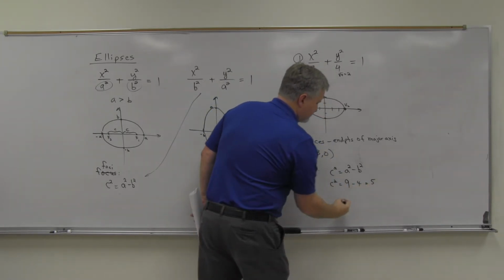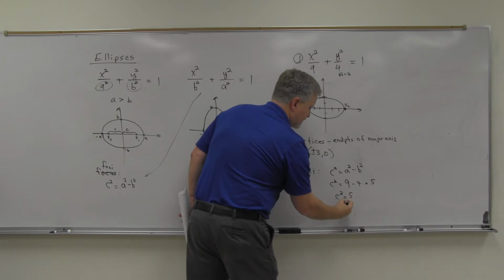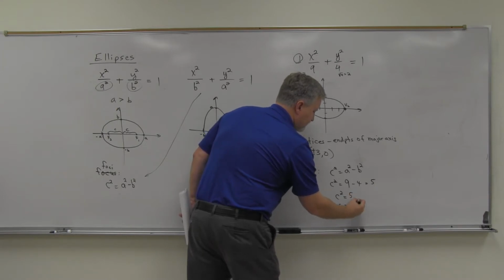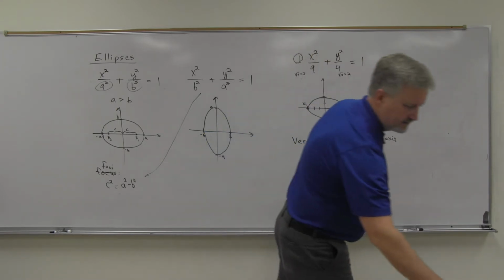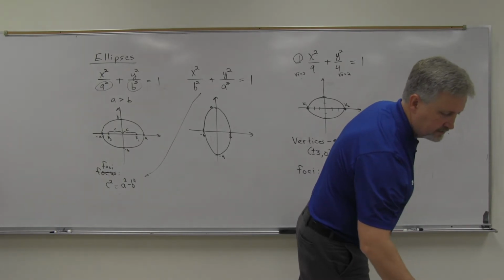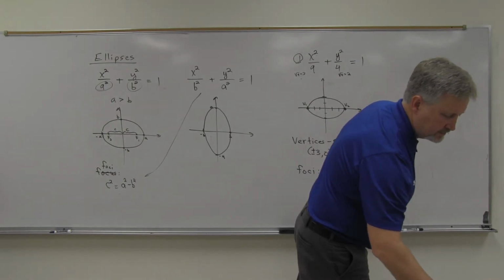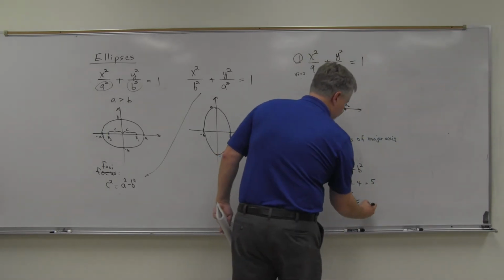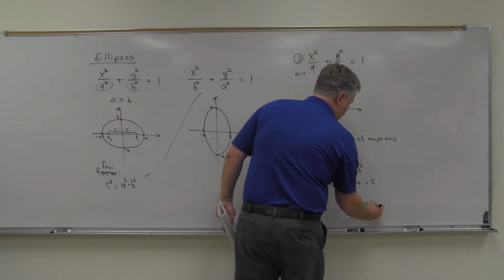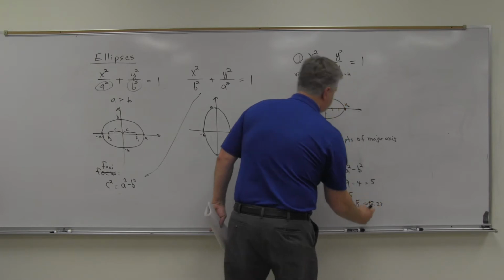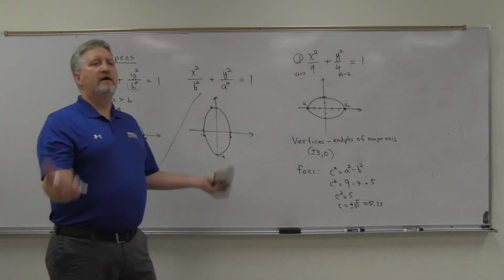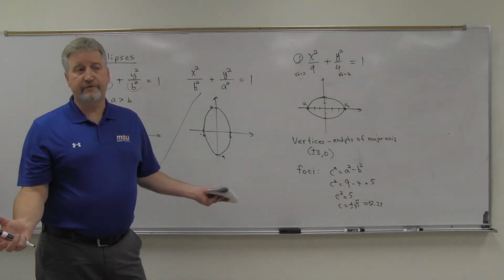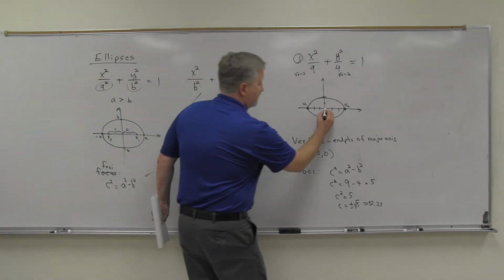So c squared equals 5, so c would be plus or minus the square root of 5, which is about 2.2. You go out along the major axis, 2.2, backwards and forwards, from the center.